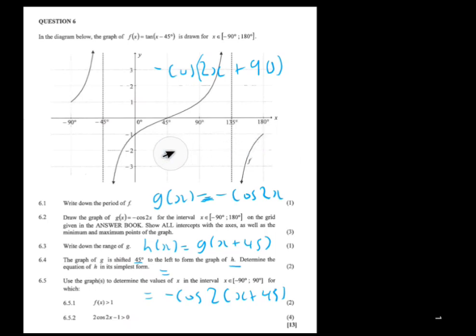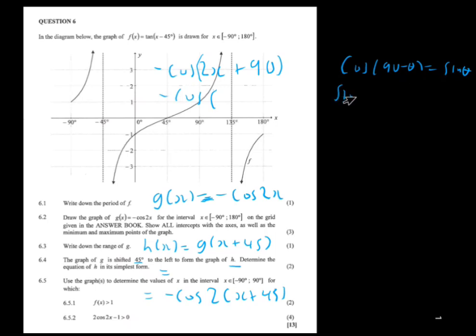So what are we going to do here? That's the thing. When it comes to translations in trig graphs, you have to remember to put it into the simplest form, and they're more likely to give you the one that will have co-ratios. So you have to know that cos of 90 minus theta is sine theta. This one is the easier one, right? I just want to list all the 4 rules.